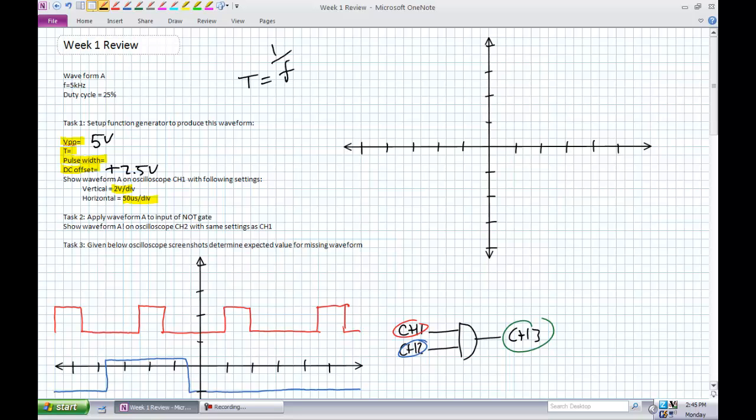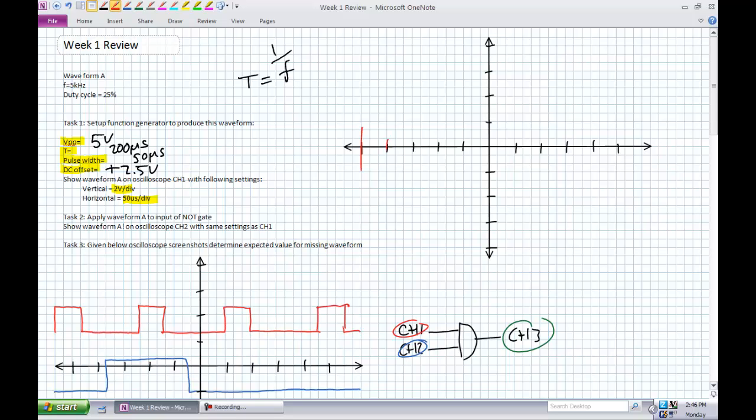T = 1 over F. 1 over 5,000 is 200 microseconds. When there's something that has a duty cycle of 25%, it's on a quarter of the time, so that pulse width should be 50 microseconds. Figure out what it's going to look like. Use your oscilloscope. The settings are 50 microseconds per division.